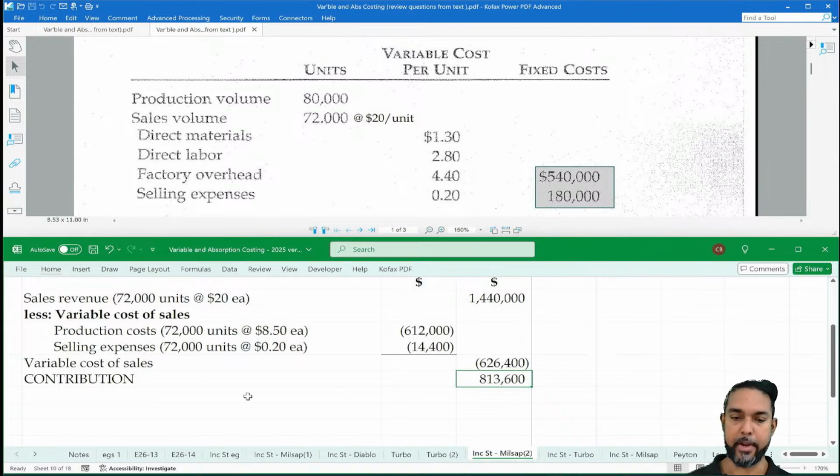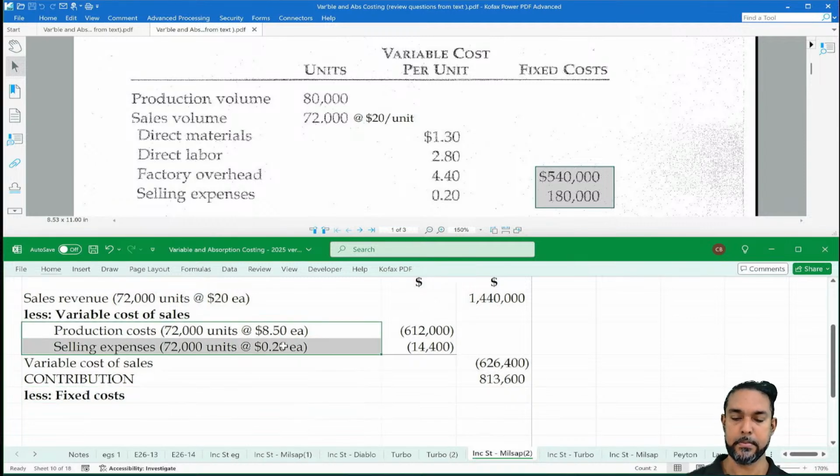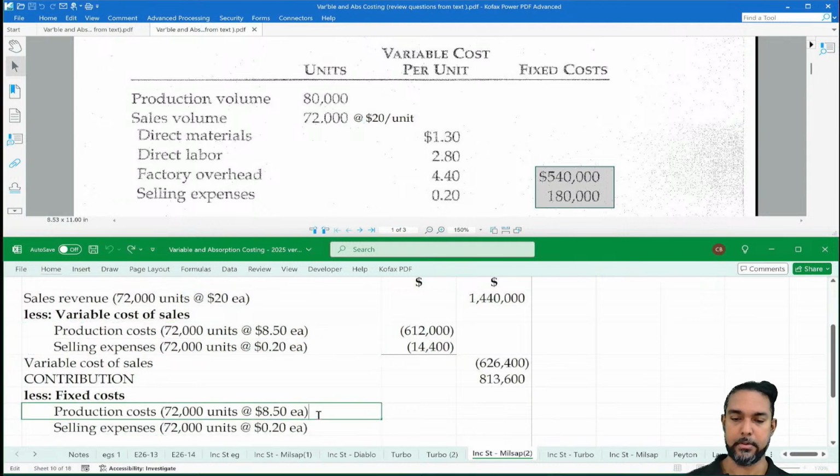And yours truly. So now we have the fixed costs. The production cost, or the factory overhead, so you could use factory overhead.